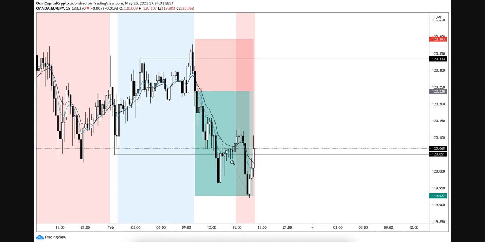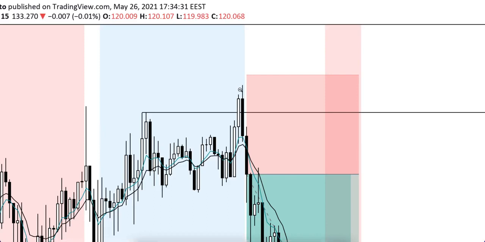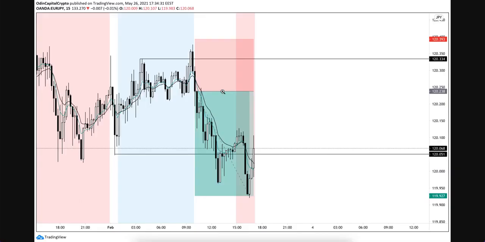What I'm noticing here as well, the session high is not here but it's here. As you can see, these 2 candles are still in the session, which means that that's simply my mistake that I took. So always double check, guys.